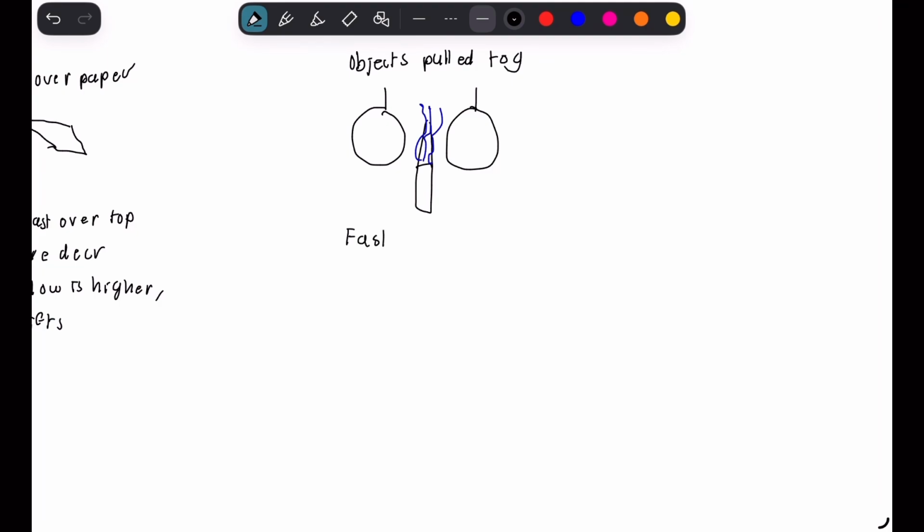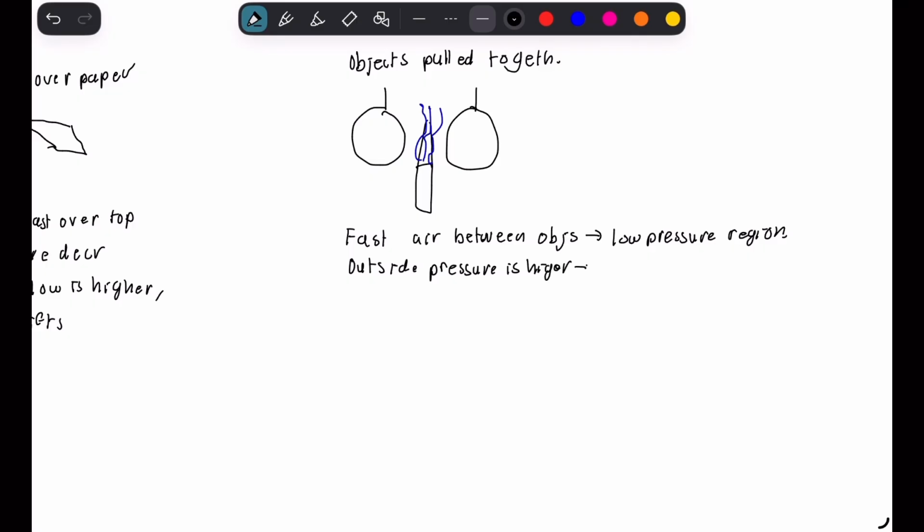So we have fast air between the objects, and that's going to create a low pressure region. Then we have to remember that the outside pressure is higher, so the outside pressure is going to push the objects inward.